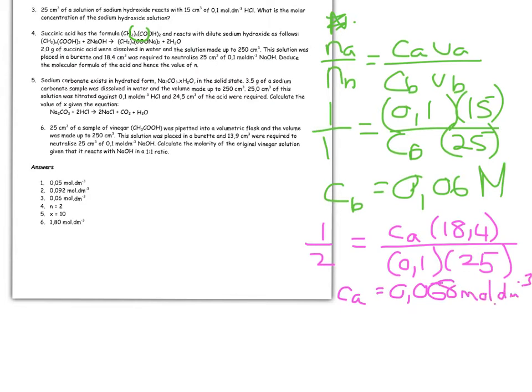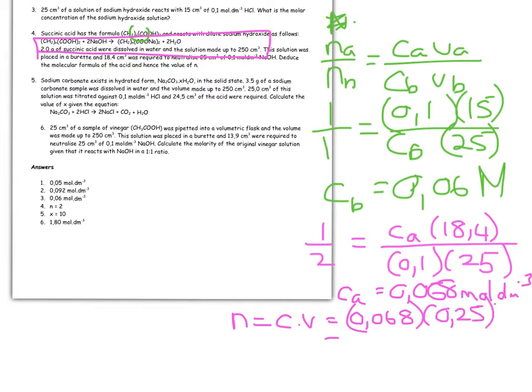And now I'm going to say, well, how many moles is that? So number of moles is equal to concentration times volume, and I've got 250 centimeters cubed in having made that up. So it's the 0,068 multiplied by, remember I've got to change this into decimeters, 0,25, and I get a number of moles, and it is 0,017 moles.